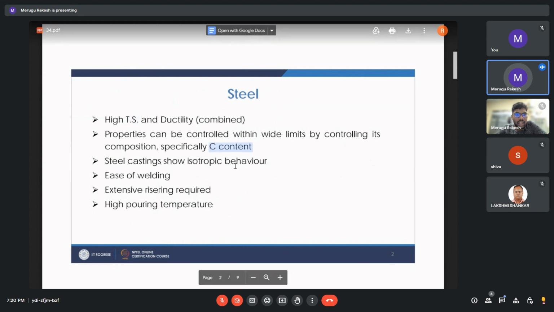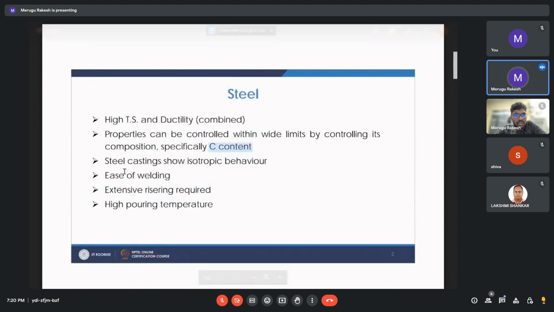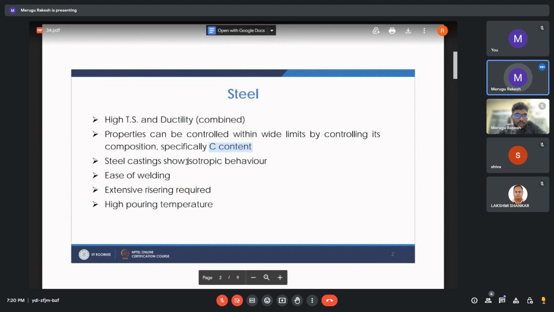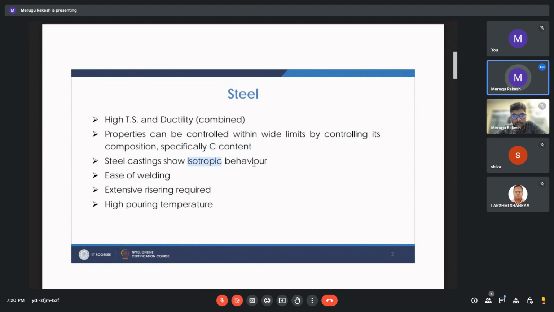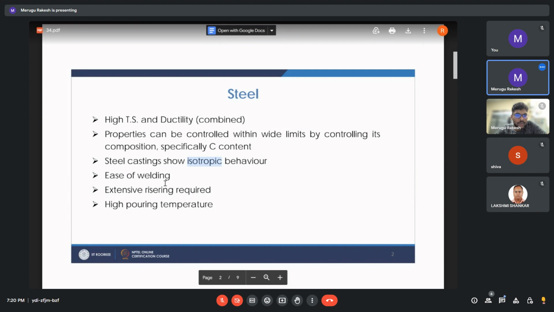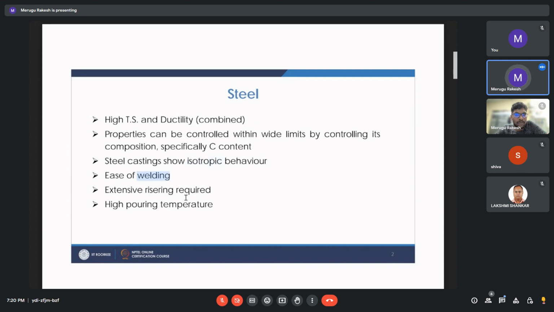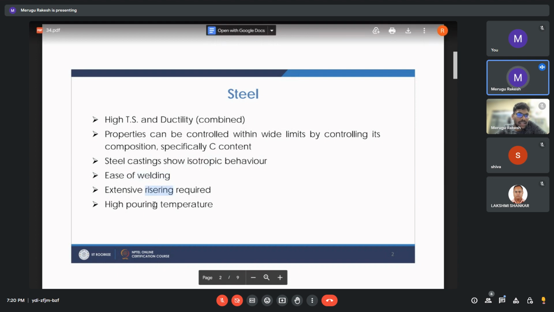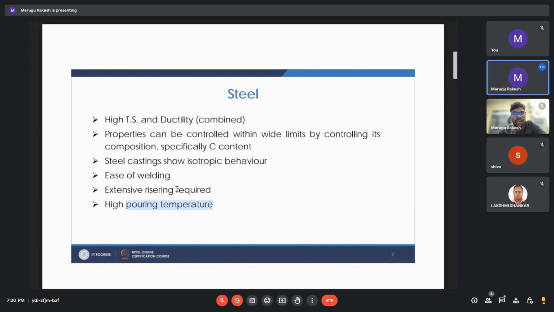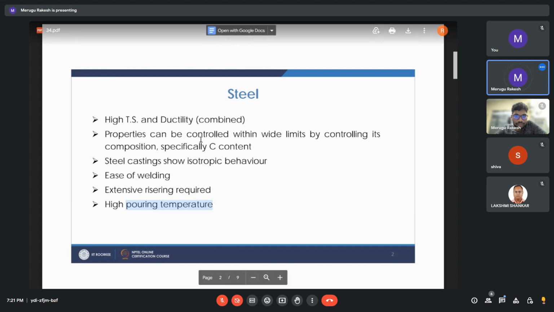So we have different types of steels, like low carbon, medium carbon, and high carbon steels. It also shows isotropic behavior, which means the same properties in all directions, and is easiest for welding since the carbon percentage is less than 2%, but it needs extensive risering as well as high pouring temperatures. Steel is around 1500 degrees and above, so it is a very high temperature pouring.